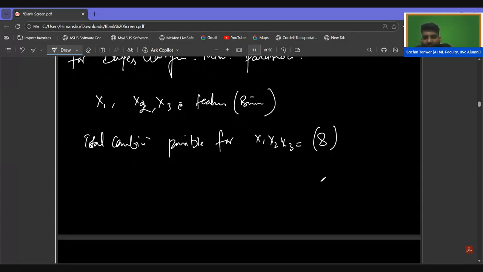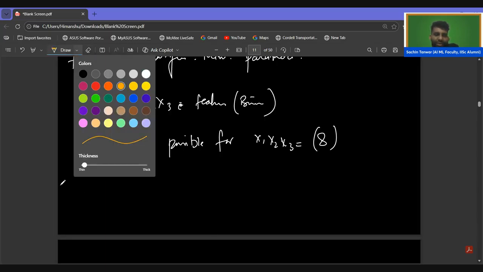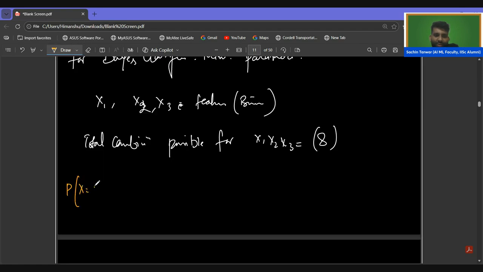No. Why? Because I know for a given category, the sum of all the possible values of x1, x2, x3 combined would sum up to 1. Just giving you an example, not the summation: P of x equals 0, 0, 0 given y equals 0, plus probability of x equals 0, 0, 1 given y equals 0, dot, dot, dot.